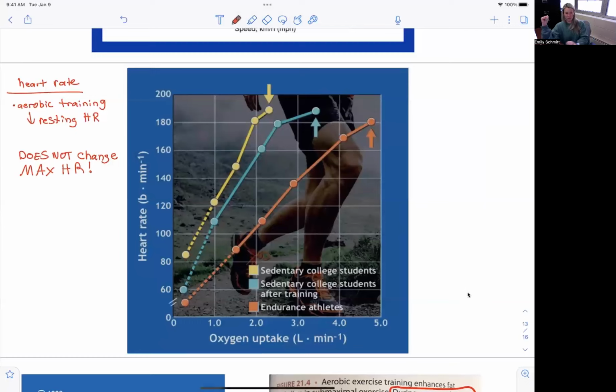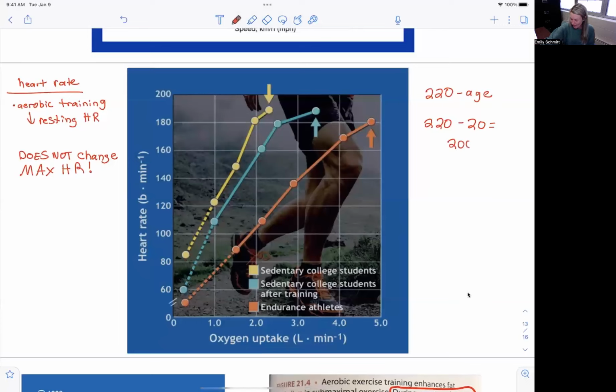We haven't talked about this in lecture, but an easy way to get your maximum heart rate, other than going on a graded exercise test, which isn't necessarily easy, is 220 minus your age. So just for the general college population, I'm not saying you have to be 20 by any means, but this is the kind of math that I can easily do. So 220 minus age, let's say that you're 20 years old.